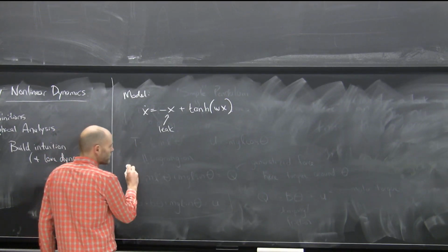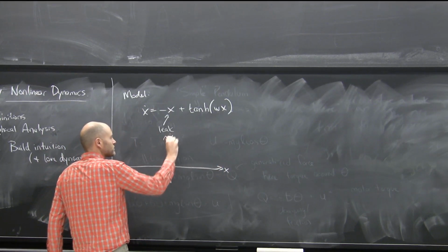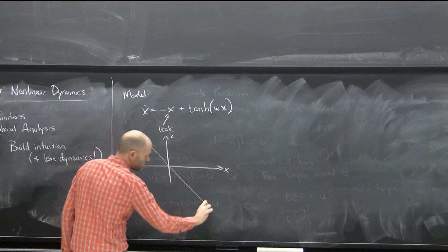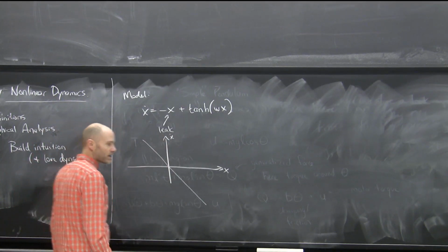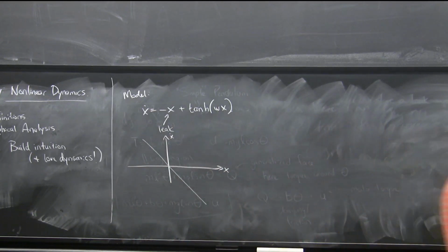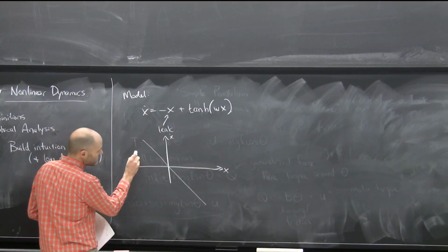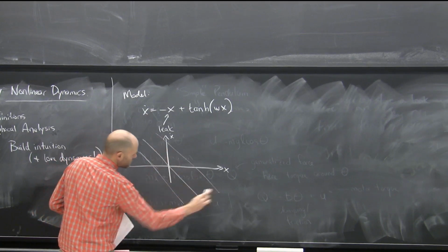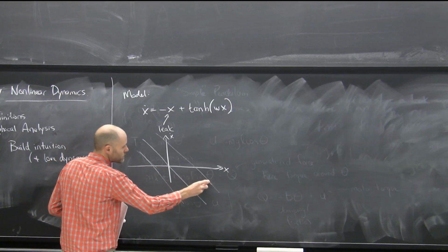And if I plot that function now, x versus x dot, this thing looks like the line of slope -1. That's easy to plot. But then if I add the tanh on top of it, it only takes values between -1 and 1, so it's only going to move that curve so much, but it's basically that curve tilted up on its side here, so I get curves that look like this.